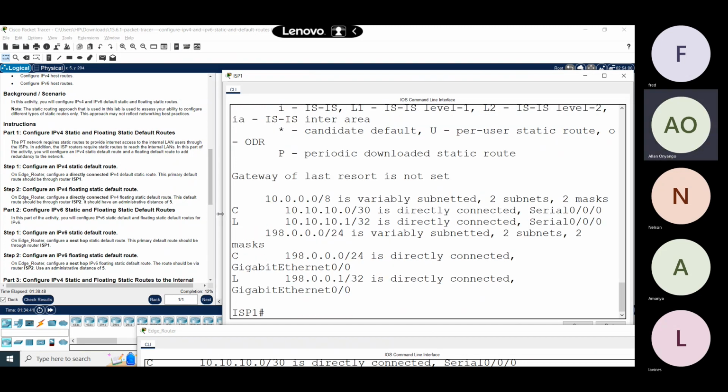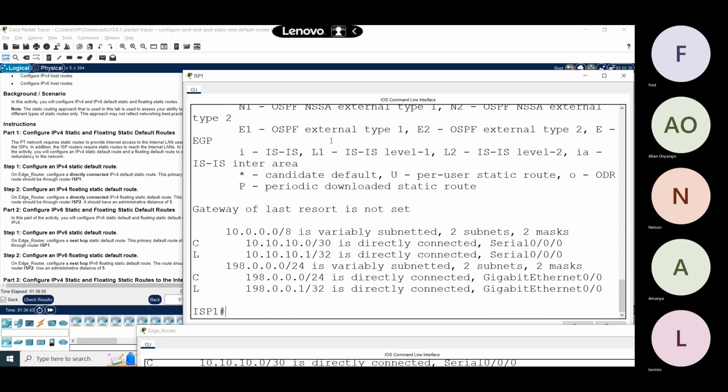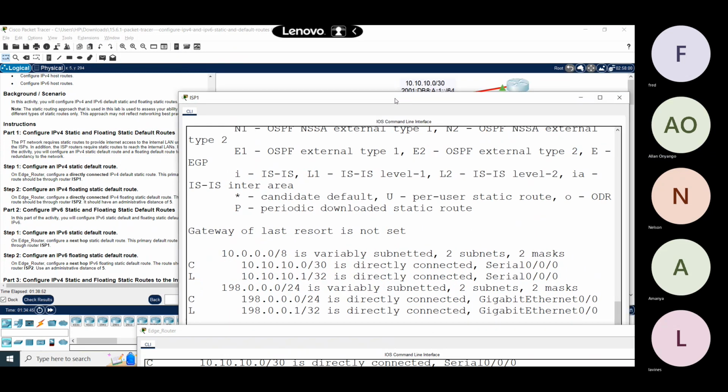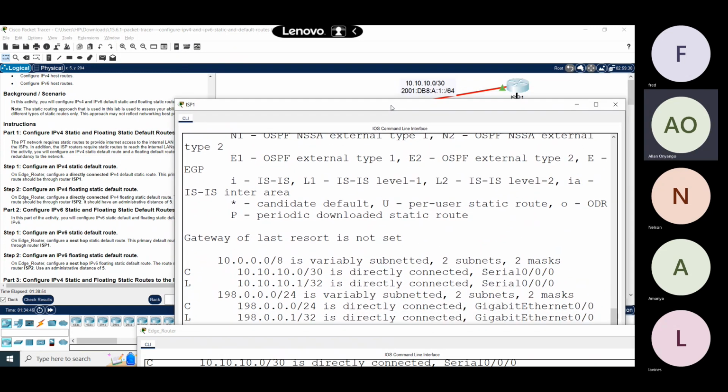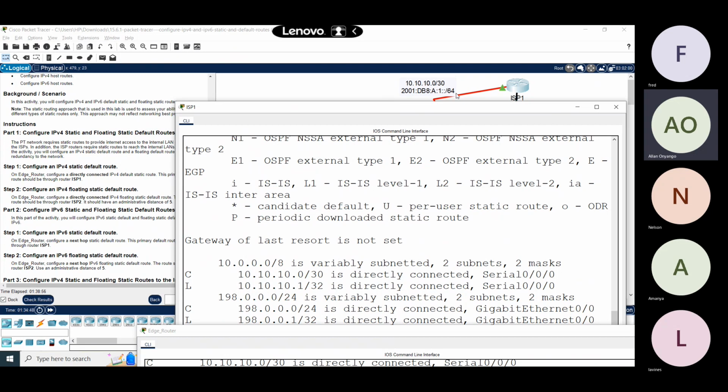Having checked the routing table, we need to see that the network we are looking for is 10.10.10.0, which is here. But we need to know the IP address under that particular network address.